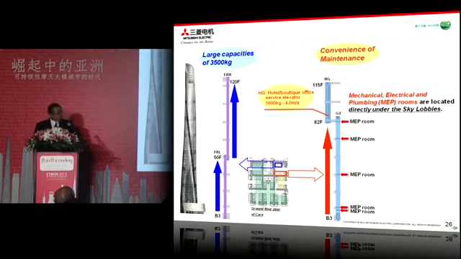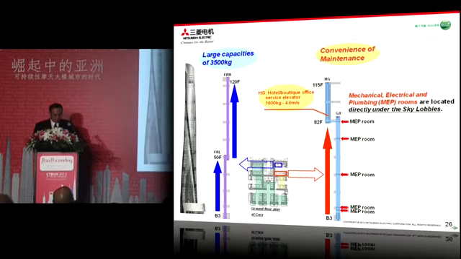And the large capacity, 3,500 kg passenger and goods elevators are provided and serve the low zone and the high zone. For the convenience of maintenance, a 3-car bank of the GX is provided and serves the mechanical, electrical, and plumbing rooms, which are located directly under the sky lobby.